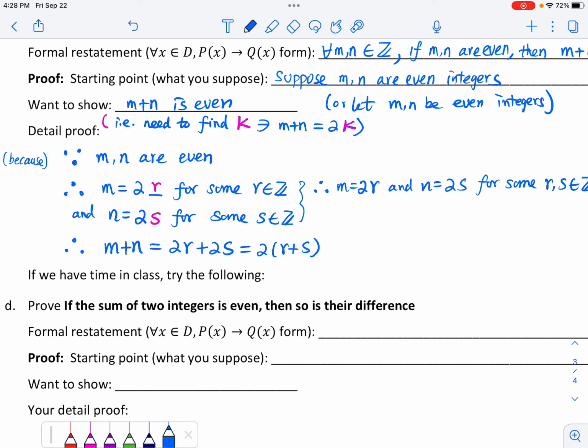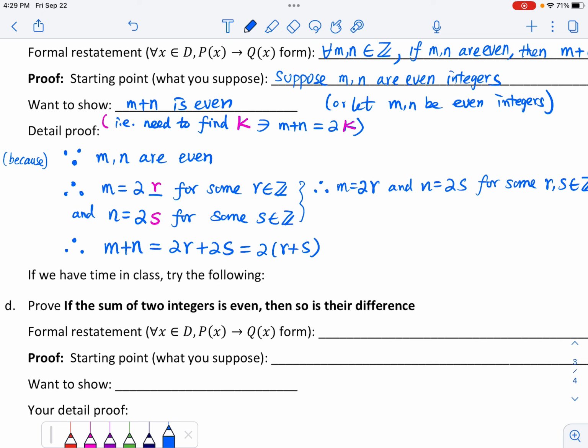Now, do you see that? Remember, once we are able to find an integer so that m plus n equals twice that integer, then we can conclude that m plus n is even. Do you see that we actually now have that? m plus n is equal to twice this integer, and this integer is r plus s.